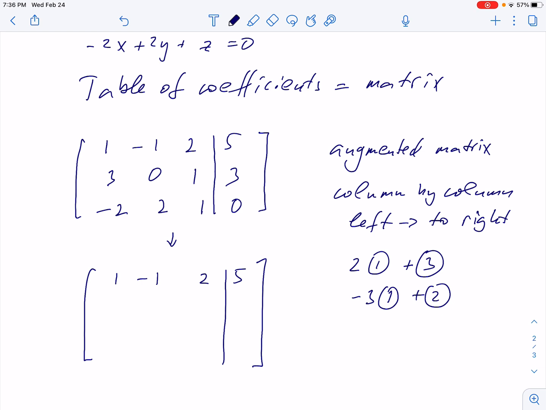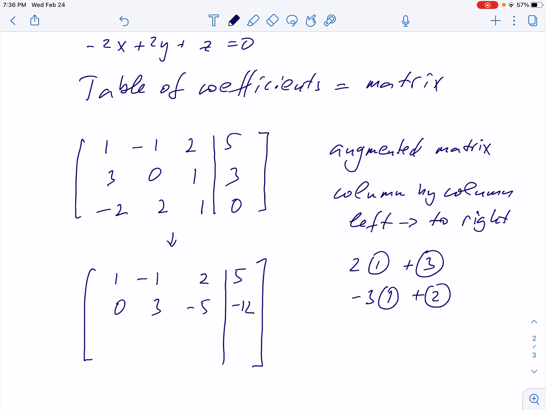So +3, -3, 0 here. -3 times -1 becomes +3, adding here +3. -6 and 1 will be -5. And then -15 and +3 will be -12. Now, this is the new second row.